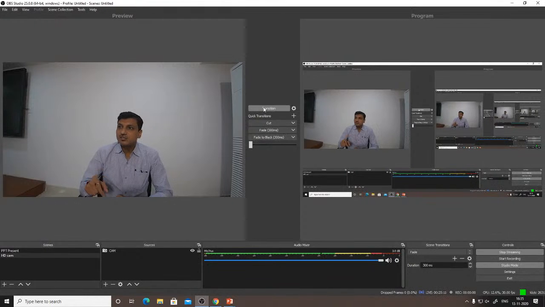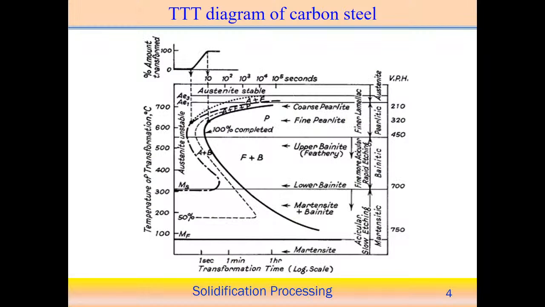Someone asks about the CCT diagram or TTT diagram. So the TTT diagram of steel, we can take carbon steel. First we have to understand the TTT diagram in carbon steel: one curve is where the transformation starts, a typical nose shape, and the other is where the transformation ends.